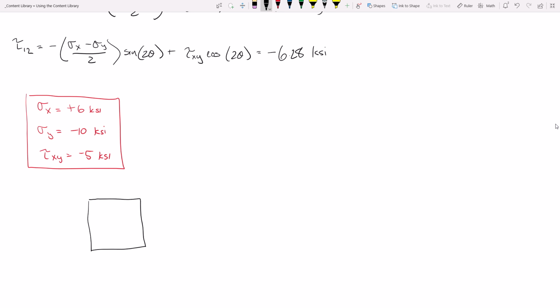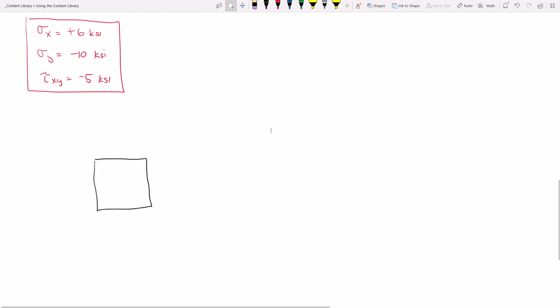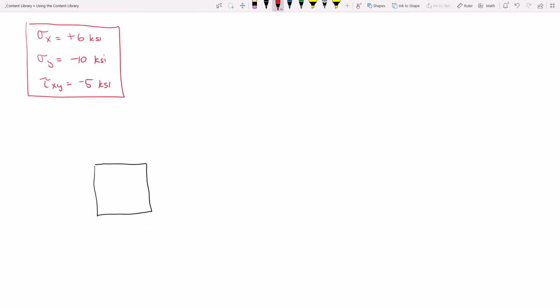So here's our stress block. Let me move that down a little bit. So sigma x is positive, so that's in tension. Sigma y is negative, so that's in compression. And then the shear is negative.